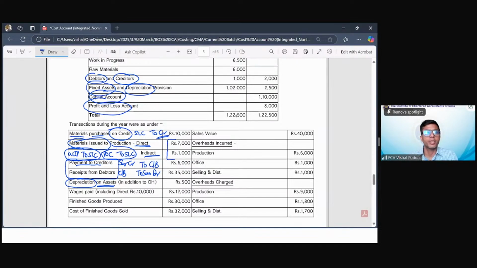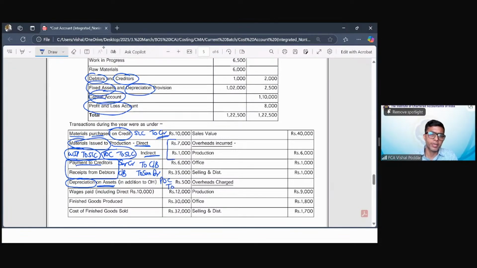Then we have depreciation on assets. Now this depreciation, what is the account where depreciation is to be posted? It is your production overheads account. So I will debit the POC account. And what is the second effect?